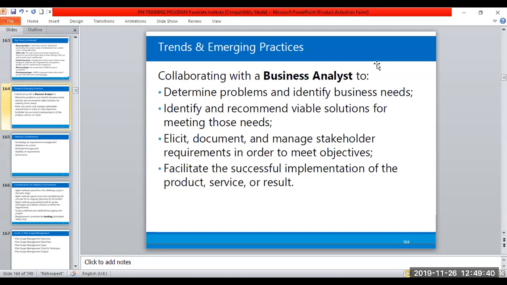So the work of a business analyst comes way before that of the project manager or the project team. So business analysts are people who actually initiate or pre-initiate a project before handing over to the project manager.